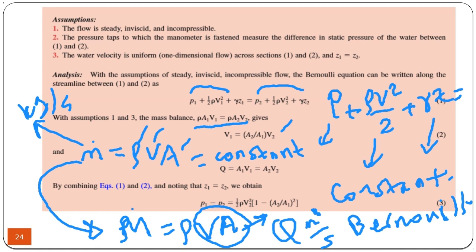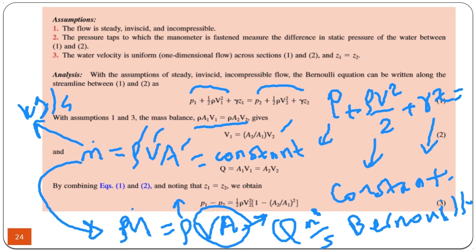Normally, if it's air, a compressible substance, then we cannot write it, but because it's a liquid flow where the density is constant, we can write the equation of equality of volumetric flow rates.